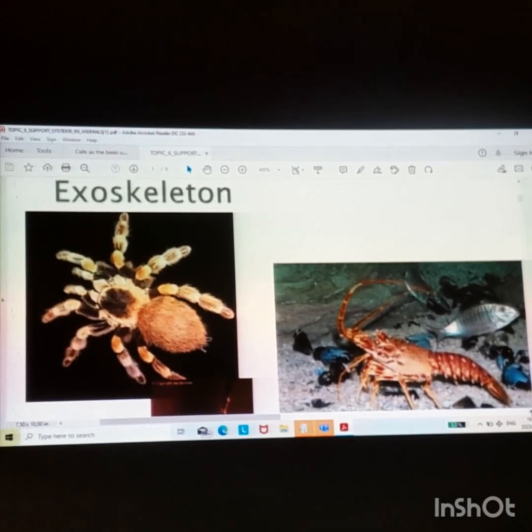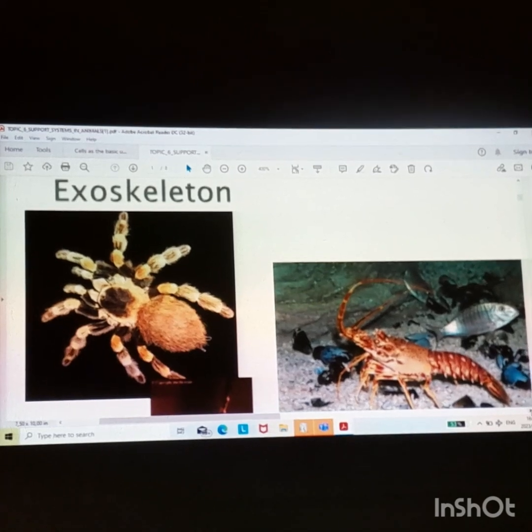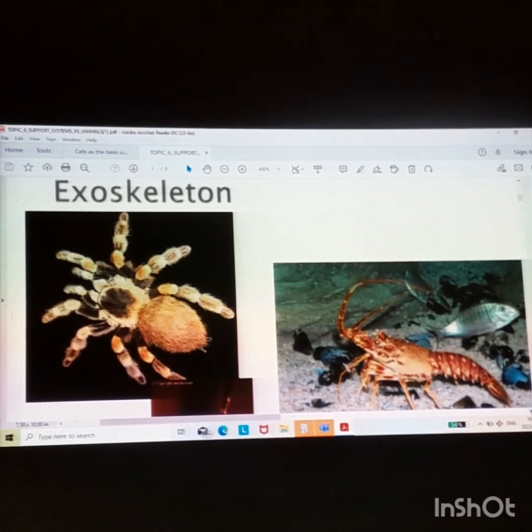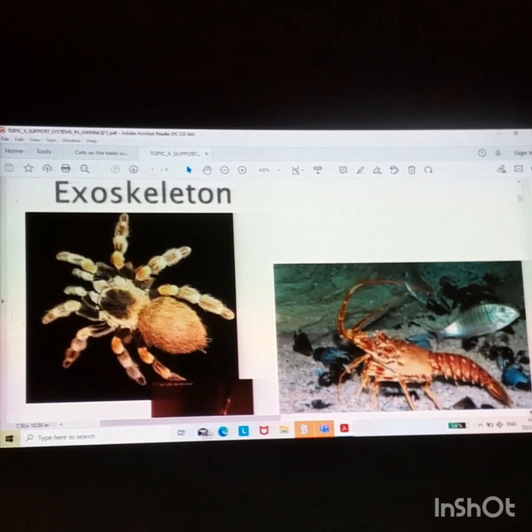What are the advantages of this type of skeleton? This skeleton supports and protects the internal organs of those organisms, or the tissues or organs of that organism which are inside of that skeleton.